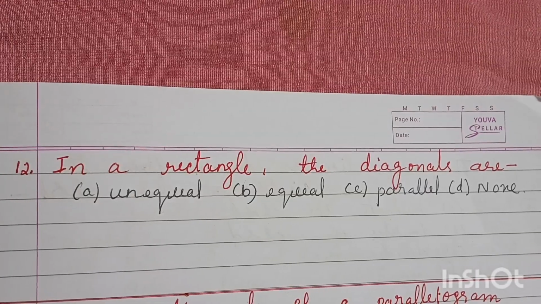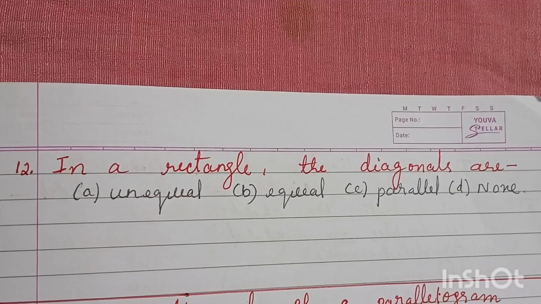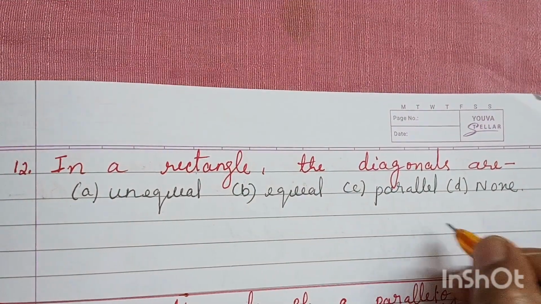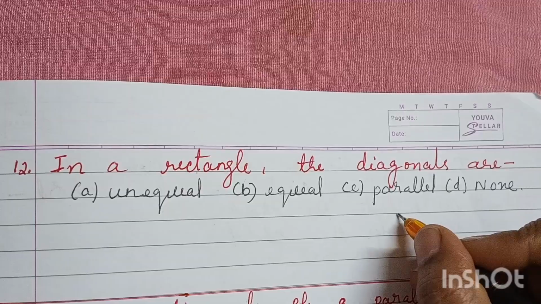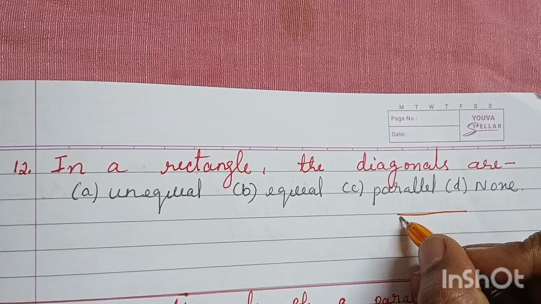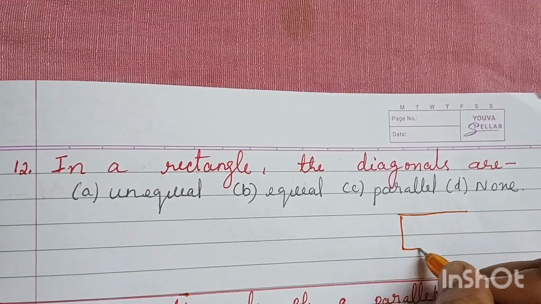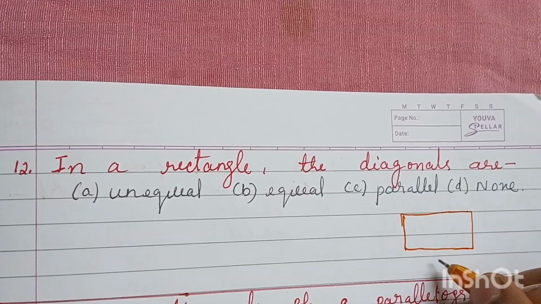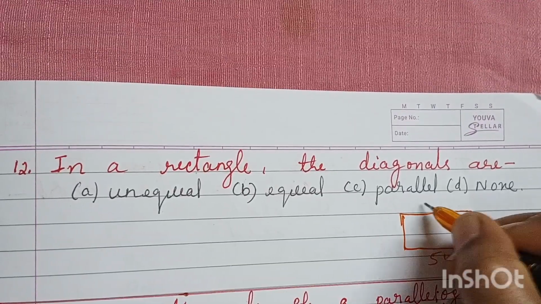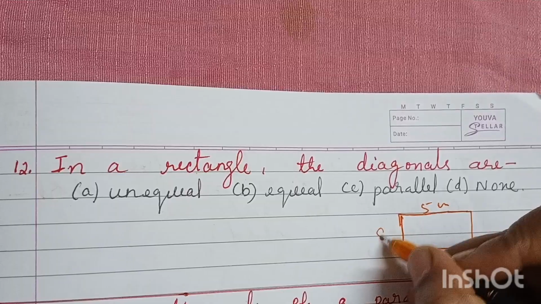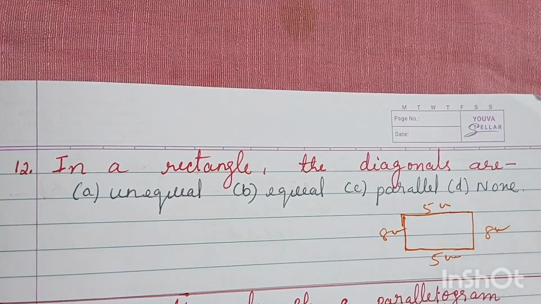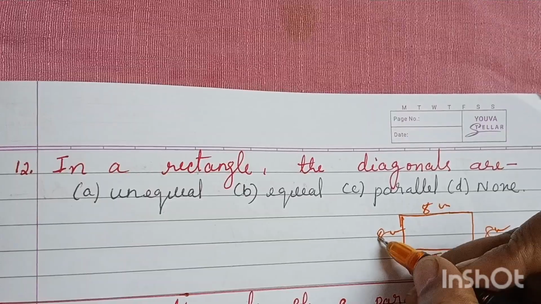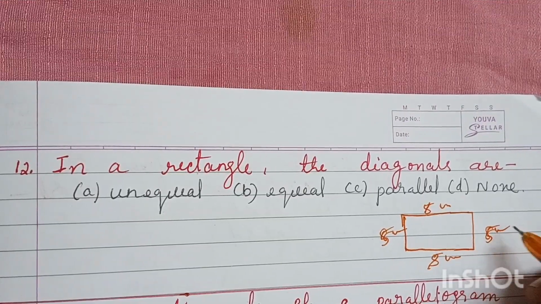In a rectangle, the diagonals are unequal, equal, parallel, or none. In 9th standard you have to study all properties of triangles, formulas, everything. A rectangle has opposite sides equal. If you have 5 centimeter here, 5 centimeter here, 8 centimeter here, 8 centimeter here.